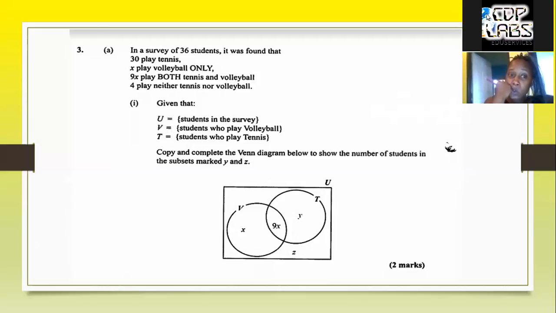Given that U equals the set of students in the survey, B equals the set of students who play volleyball, T equals the set of students who play tennis.